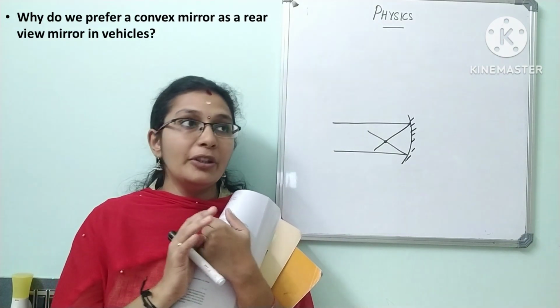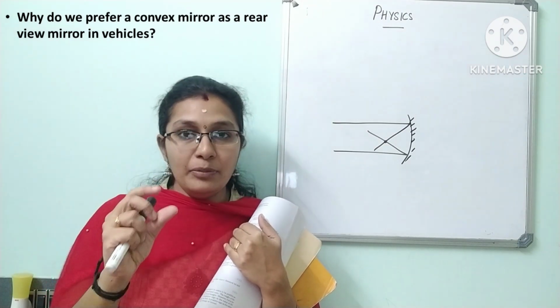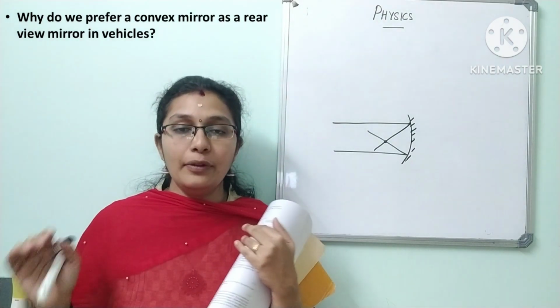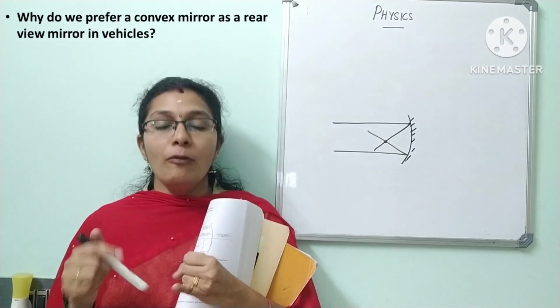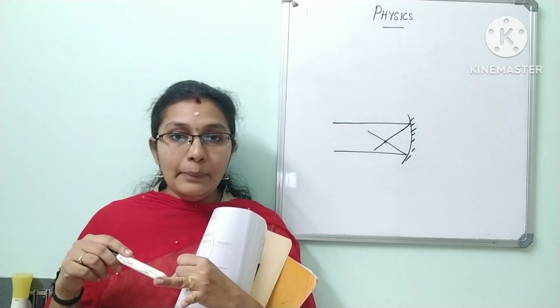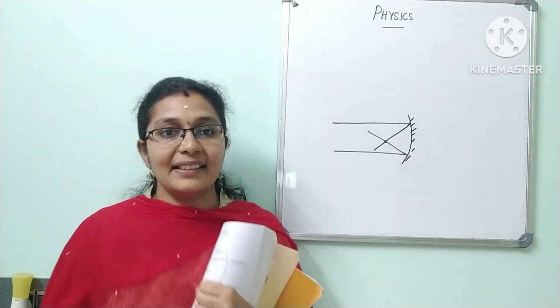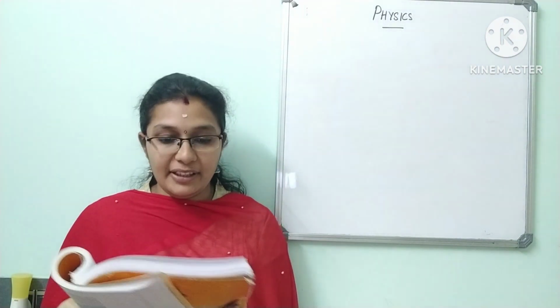So you can see even big trucks or buses in diminished form. So the answer for this is, one, it produces erect even though diminished images, and second, it produces wider field of view. Clear? Yes.